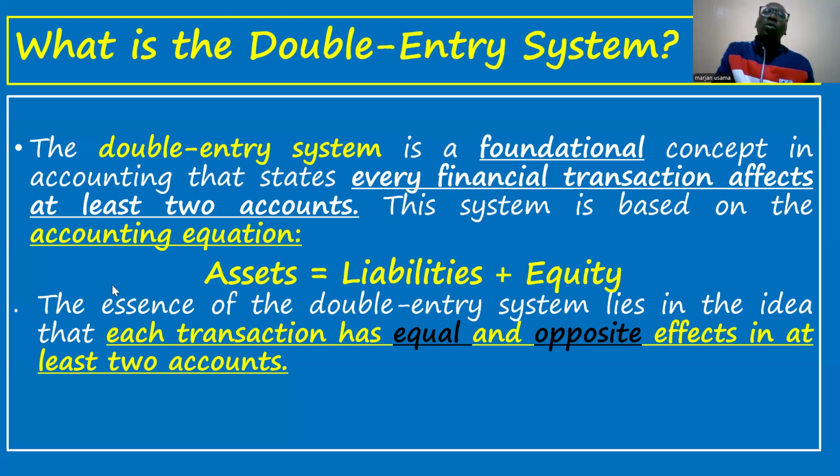So what they are basically telling us is that for each and every transaction you make in your business, it will always affect at least two accounts and with the same amount. So remember last week we were talking about the left side and the right side being balanced. So at the end of the day, it has to be equal. Yes, it will affect at least two accounts, but at the end of the day, it has to be equal.